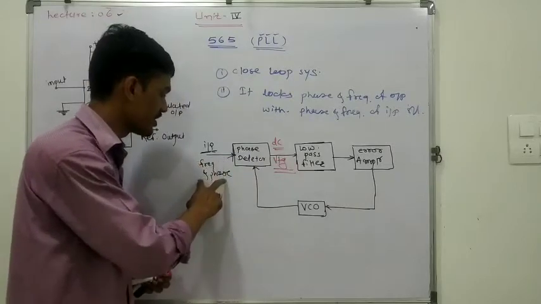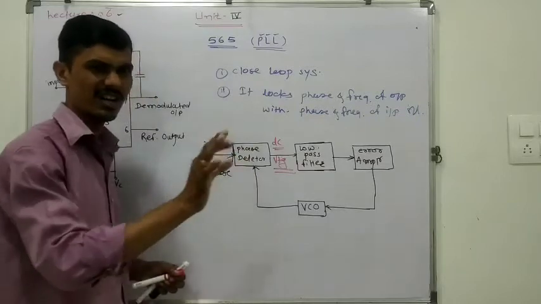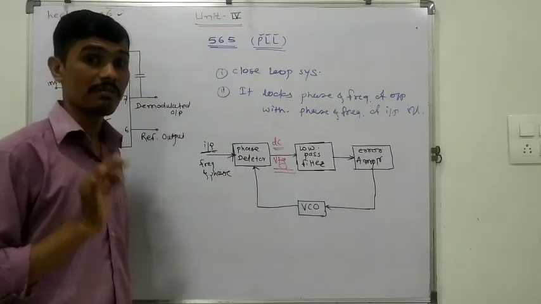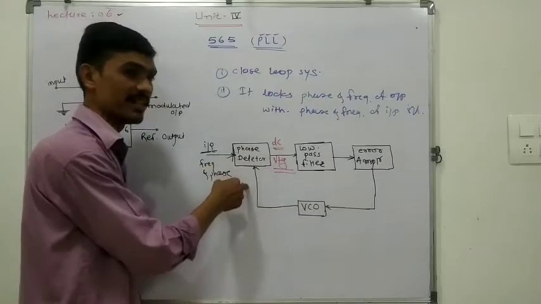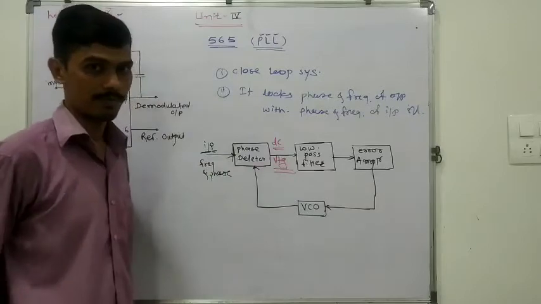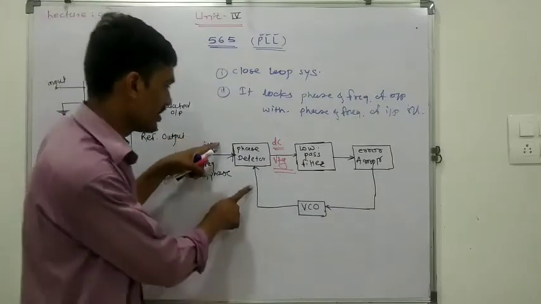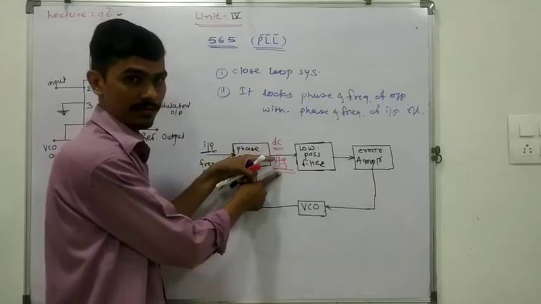Any signal we provide has some frequency and some phase. That is the first input to the phase detector, and the second input is the output of the VCO. The difference between these two signals is the DC voltage.